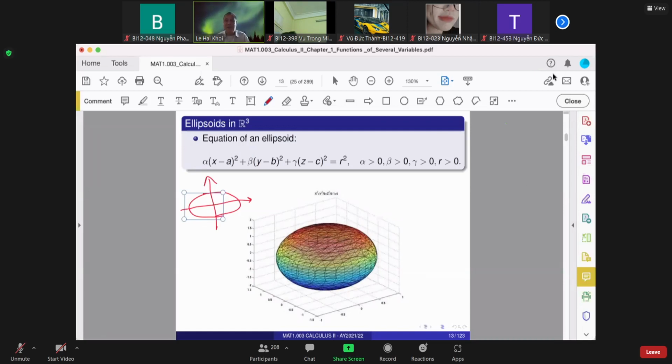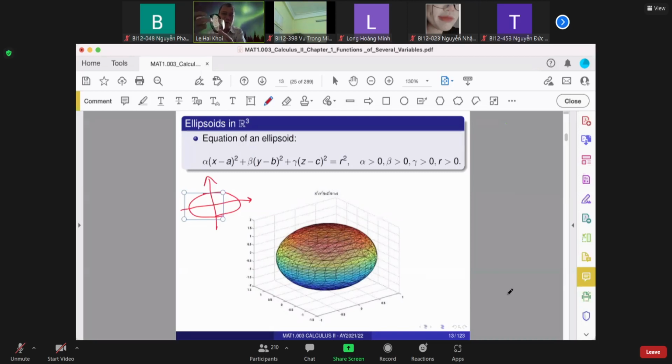So for example, you look at the camera. If you go to the watch shop, right, you can see they always give the form of the watch like that.